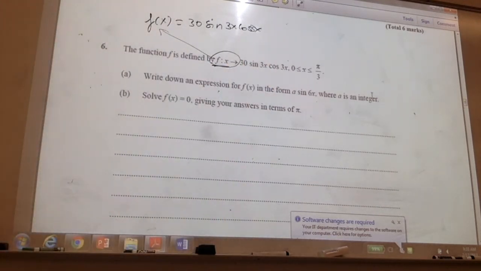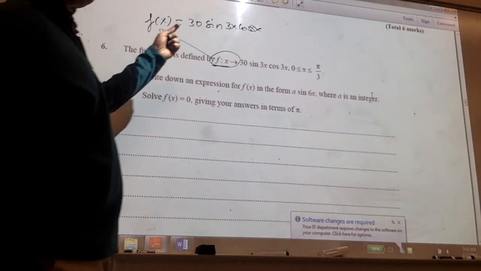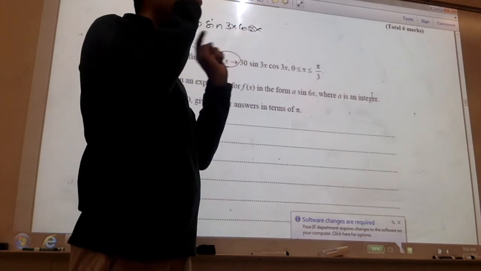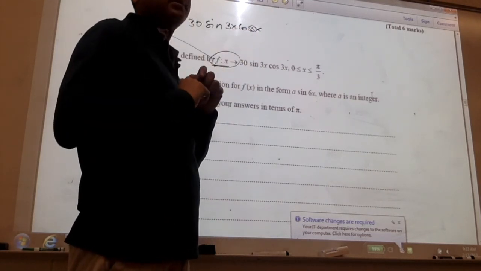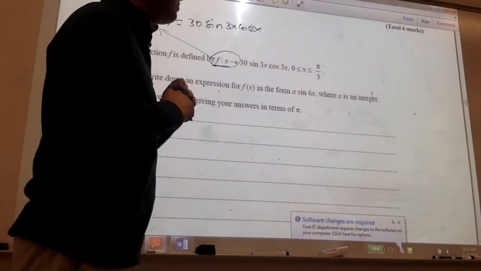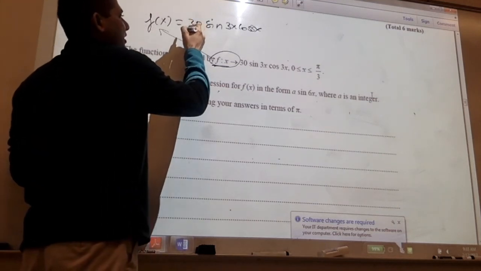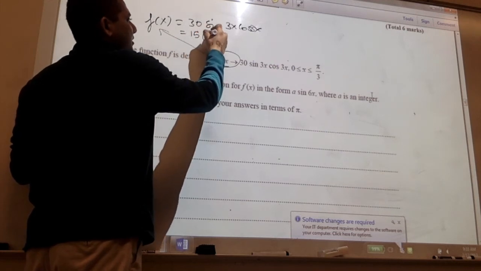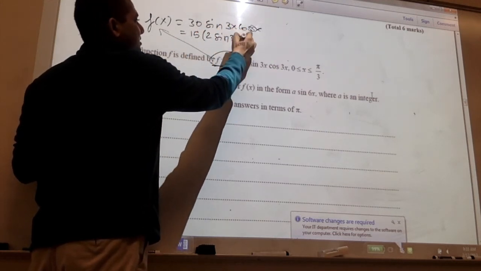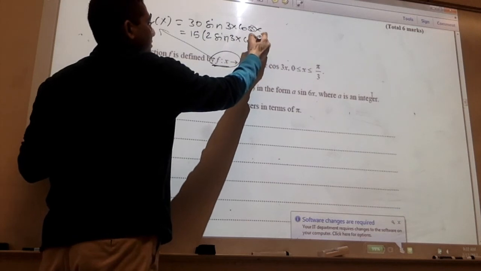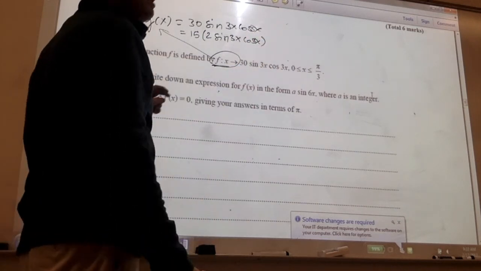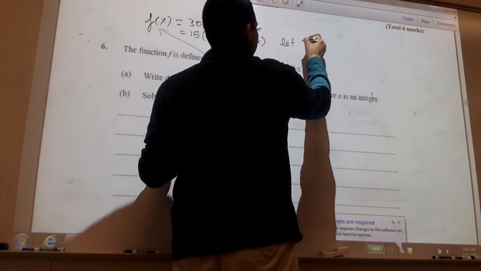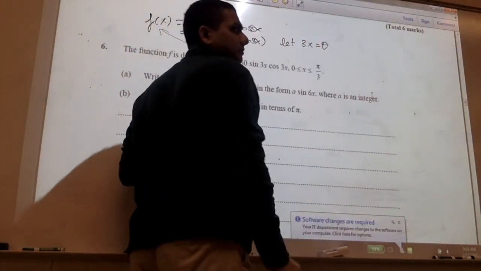Whenever you see sine times cosine, always try to target a double angle. See if you can convert it into a double angle formula. So can I write this as 15 times 2 sine 3x cosine 3x? If you are getting confused with 3x, you can let 3x equal theta.